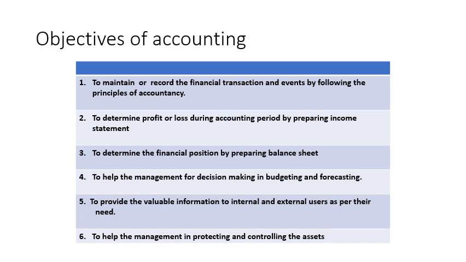Third is to determine the financial position by preparing the balance sheet. So the objective is to know about the financial position, and the financial position can be derived by preparing the balance sheet. The balance sheet provides the disclosure of assets, liabilities and capital. So the equation is assets equal liabilities plus capital.